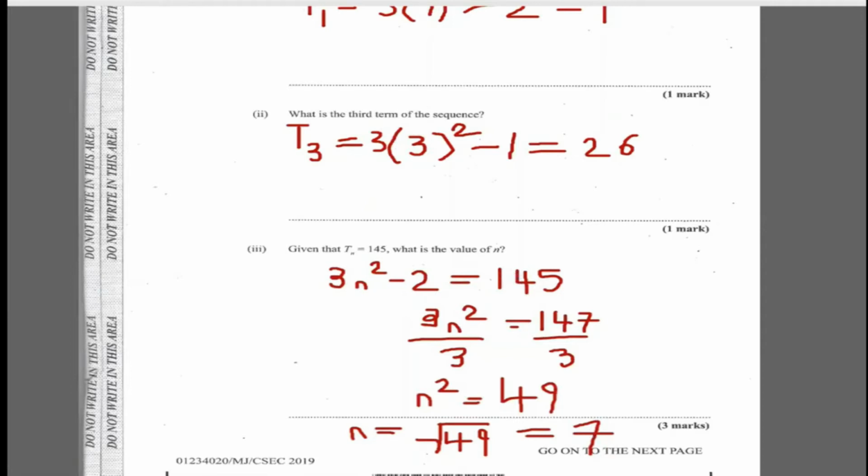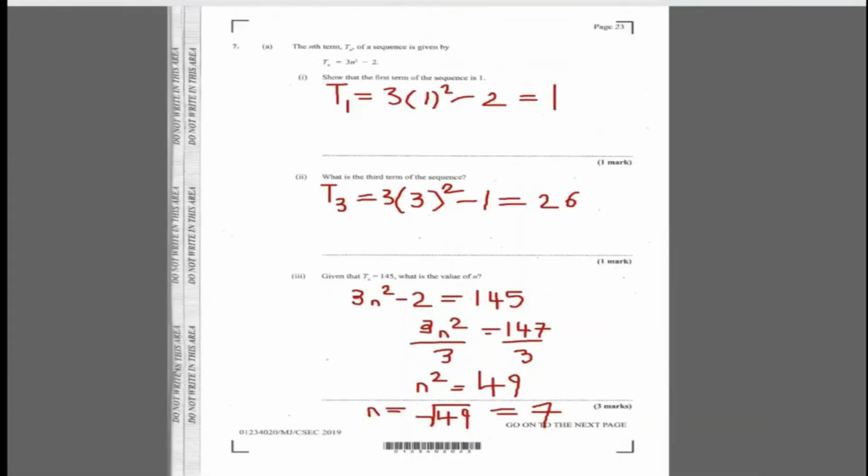Now, when you finish and you get your answer, you can always check it back. This is how you check your answer. Put n as 7. Check to see if T7 is 145. T7 is 3 times 7 squared minus 2. 7 squared is 49, 49 times 3 is 147. 147 minus 2 is 145.